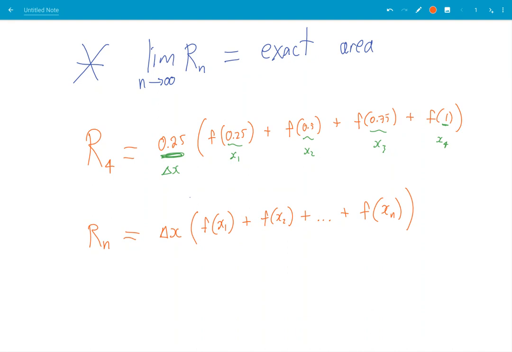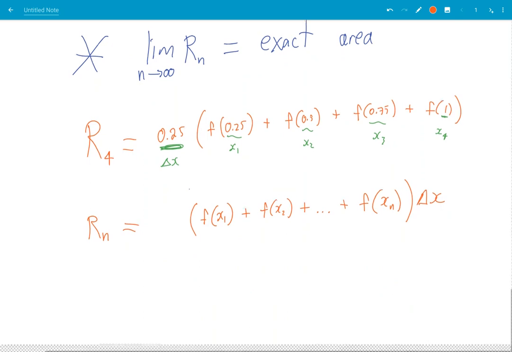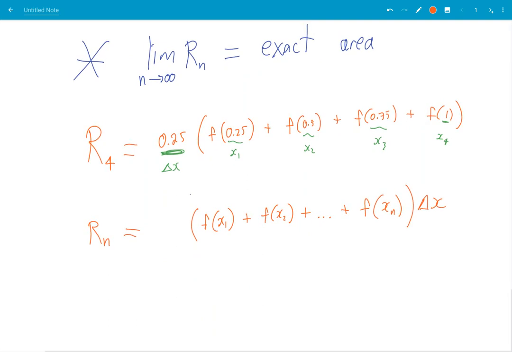We typically take the delta x and move it over here. So let's do that. Move the delta x to the right of the expression. Now, we're going to take the limit as n goes to infinity, right?